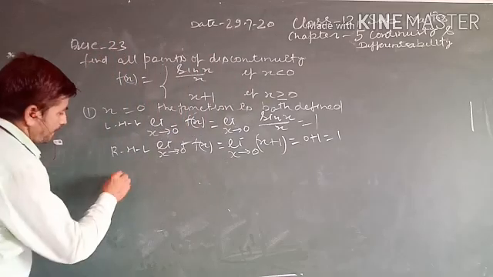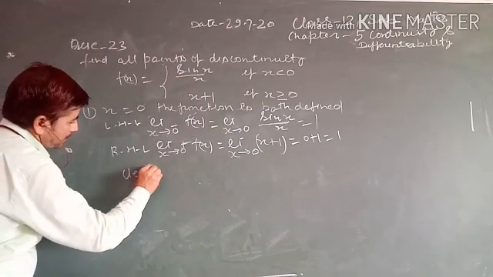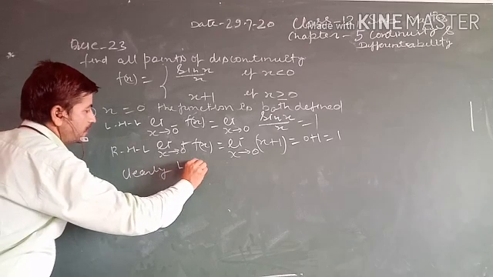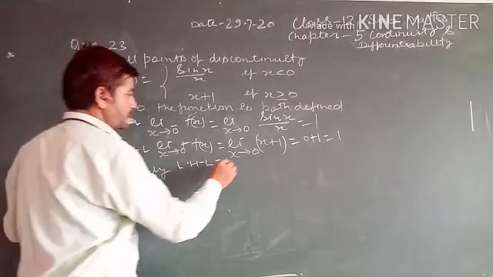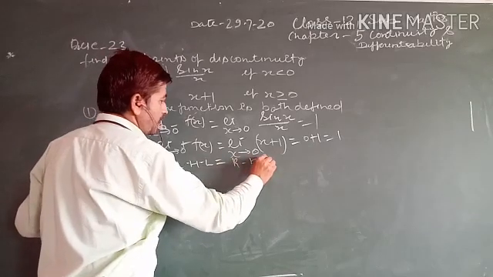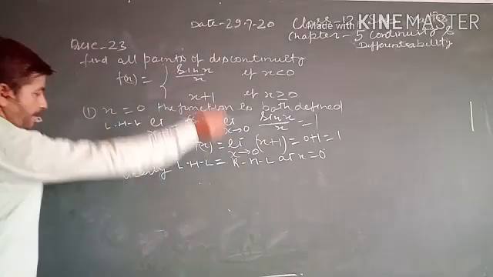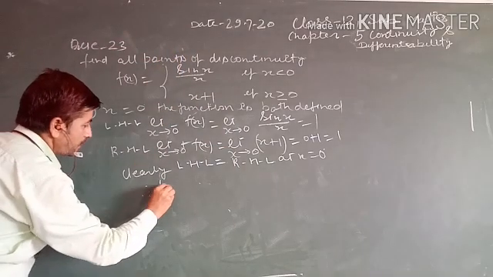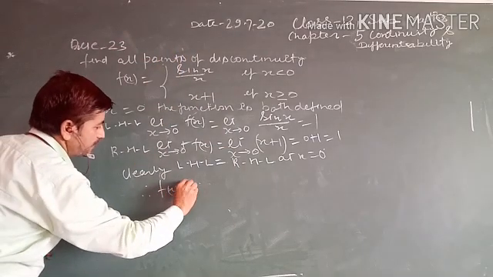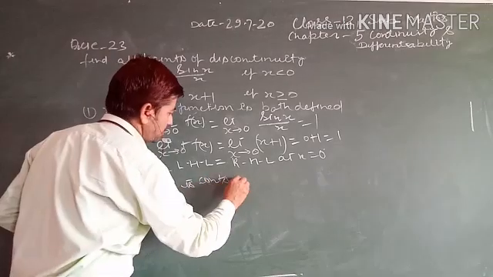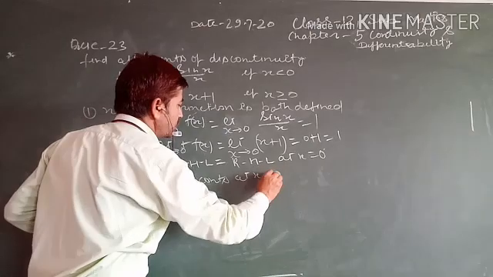Clearly LHL is equal to RHL at x equal to 0. Therefore, f(x) is continuous at x equal to 0.